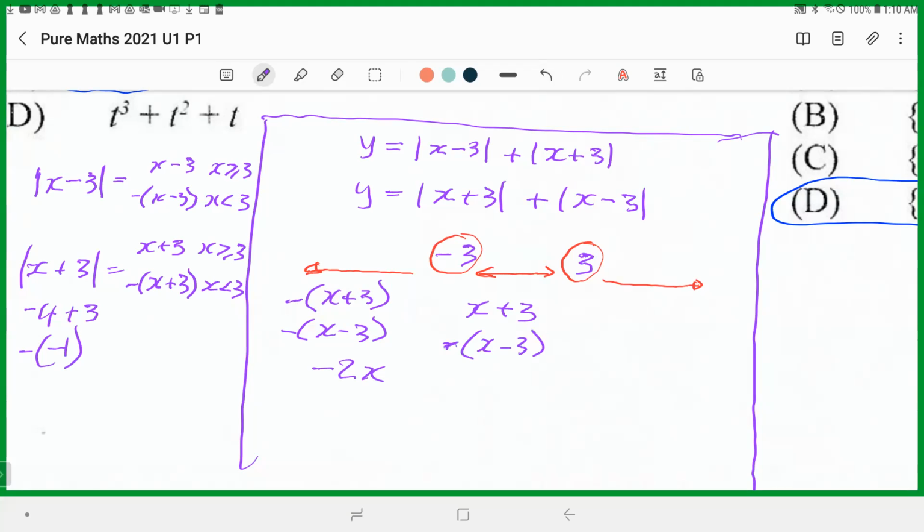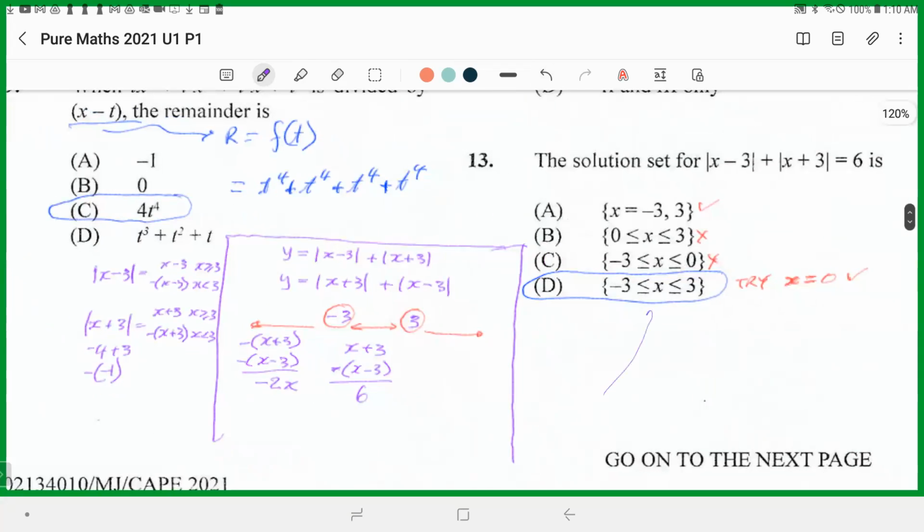What do these add up to? If you add them up, the positive x wipes out the negative x, and the 3 and the 3 become 6. So it becomes 6 in between negative 3 and 3. See that? Good.